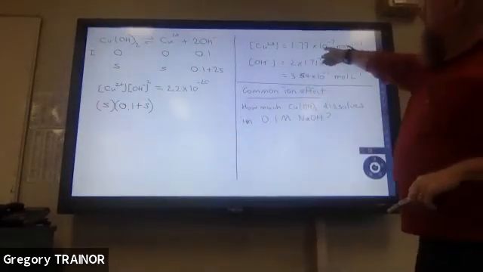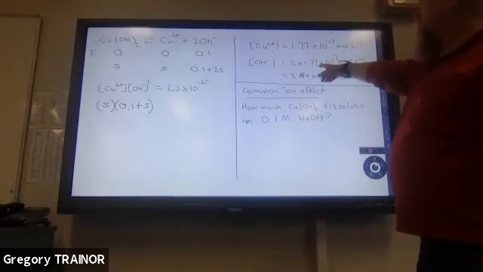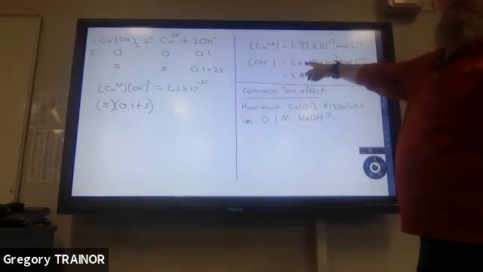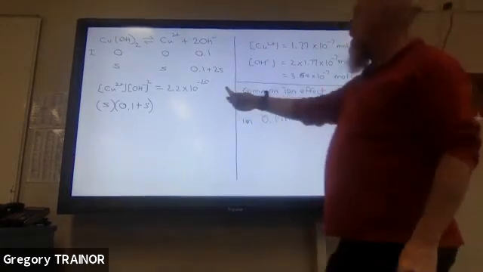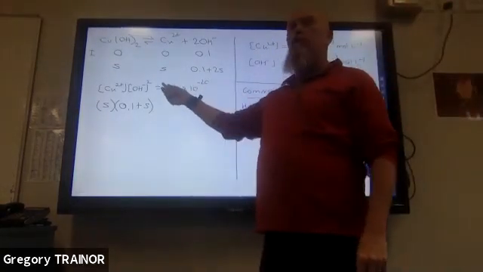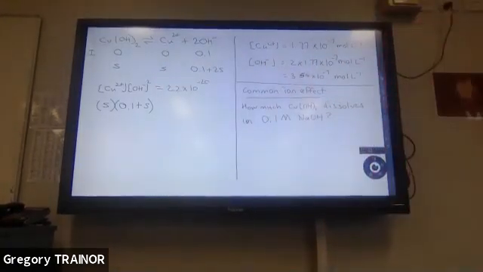Now look at this number here. Does a lot of copper hydroxide dissolve or a little bit dissolve? Since KSP is 10 to the minus 20, would we expect there to be a lot of the substance dissolving or only a little bit? A very small amount.